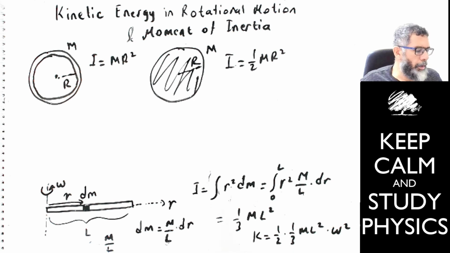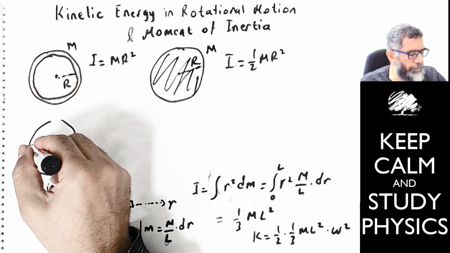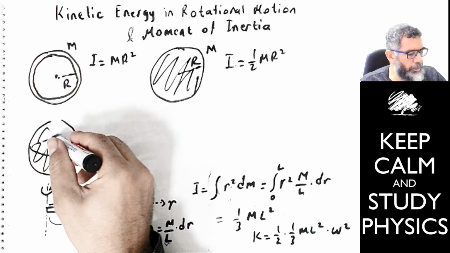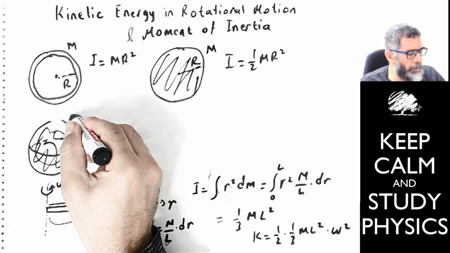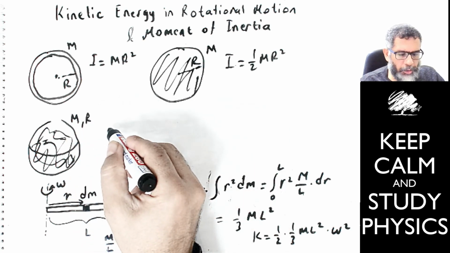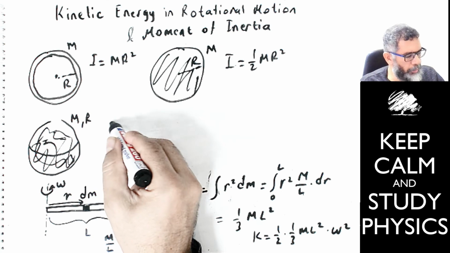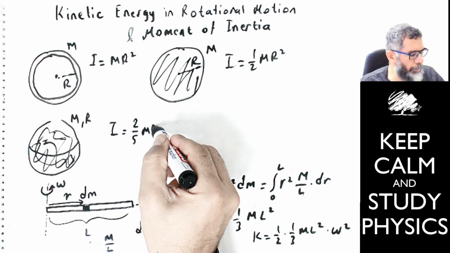You will see. So suppose next you have a solid sphere, a sphere which has mass all over its volume, and let's say it has again total mass m and radius r. In that case, the moment of inertia for that solid sphere is going to be 2 divided by 5 mr squared.